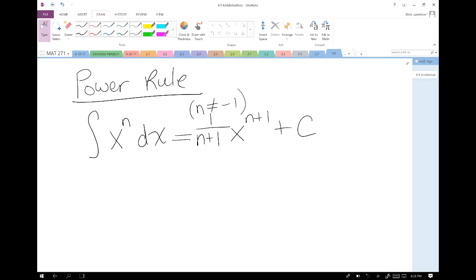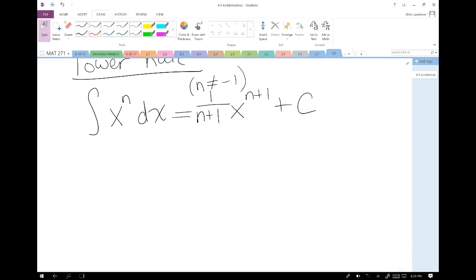If you tried to do this for n equals -1, look what happens. The integral of x to the -1 dx. If we added 1 to that, -1 plus 1 is 0. And then we take that new power and we divide by it in the front. We multiply by 1 over it in the front.